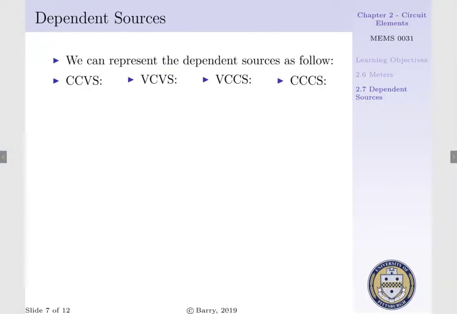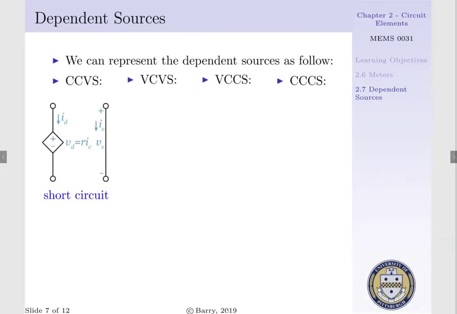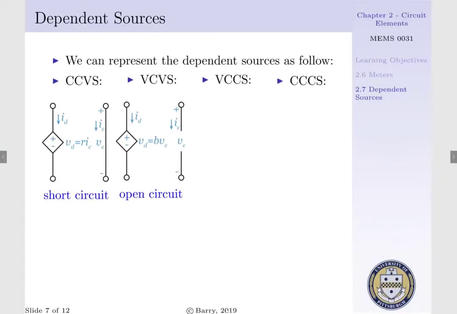Now we can represent our dependent sources as follows. Starting with our CCVS, we can say our output VD is equal to R times IC, where IC can be represented as the current flowing through a short circuit. Looking at our VCVS, we can say VD is equal to B times VC, where VC can be represented as the voltage potential across an open circuit.